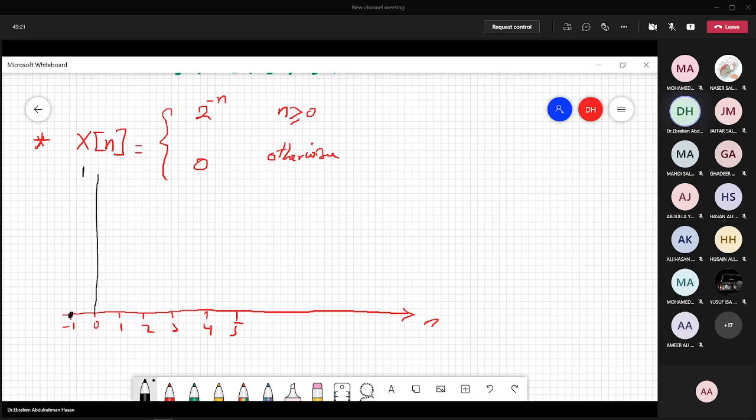Okay. At 1, it is equal to 2 to the power of -1. 2 to the power of -1 معناتها half, 1/2. At 2, it is equal to 2 to the power of -2, which is 1/4.